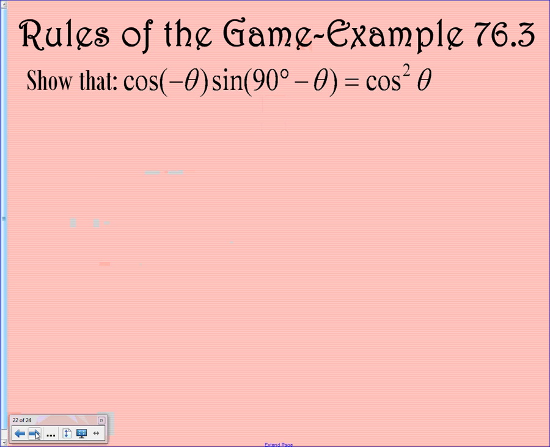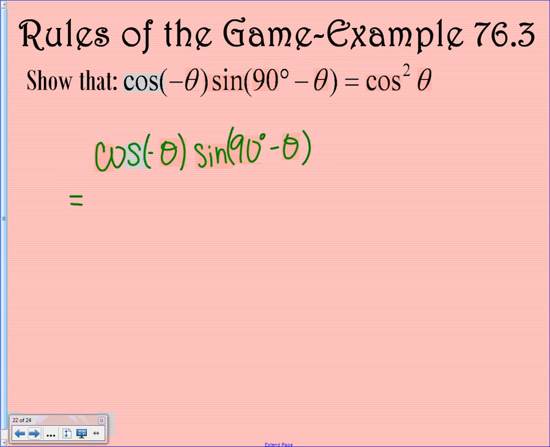We have cosine of negative theta times sine of 90 minus theta equals cosine squared. So the left side is the one we're going to want to work with. So we're going to start by writing it down. And now we're going to use those parts that I told you we're going to need to memorize. So what is the cosine of negative theta?